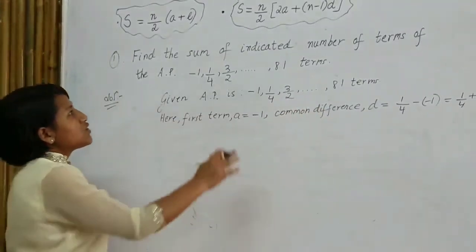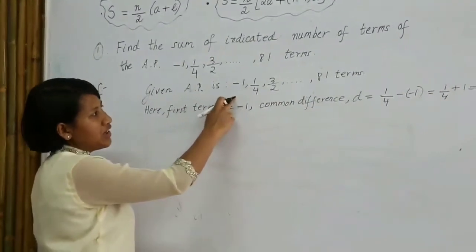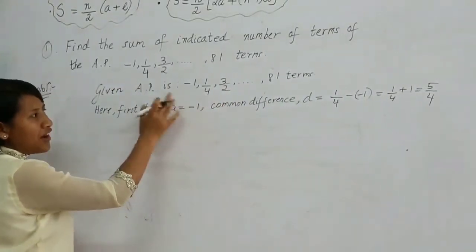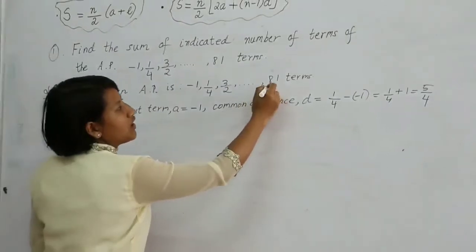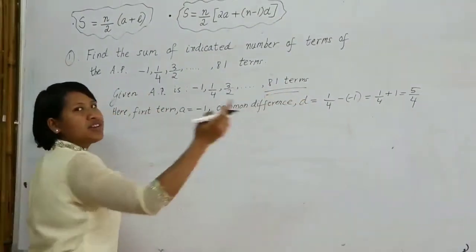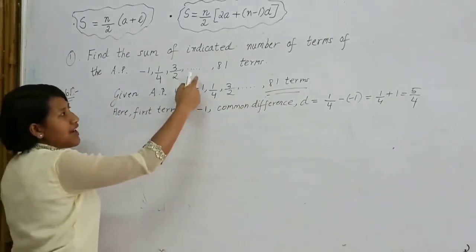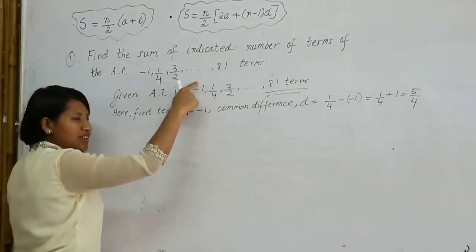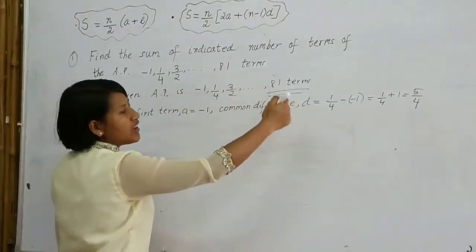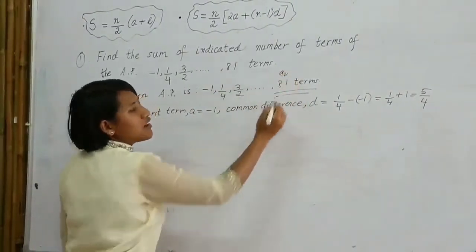So check what they have given. AP, first term, common difference, you have to find out. Now this one, 81 terms. It means that this is the first term, second, third, then till A81.